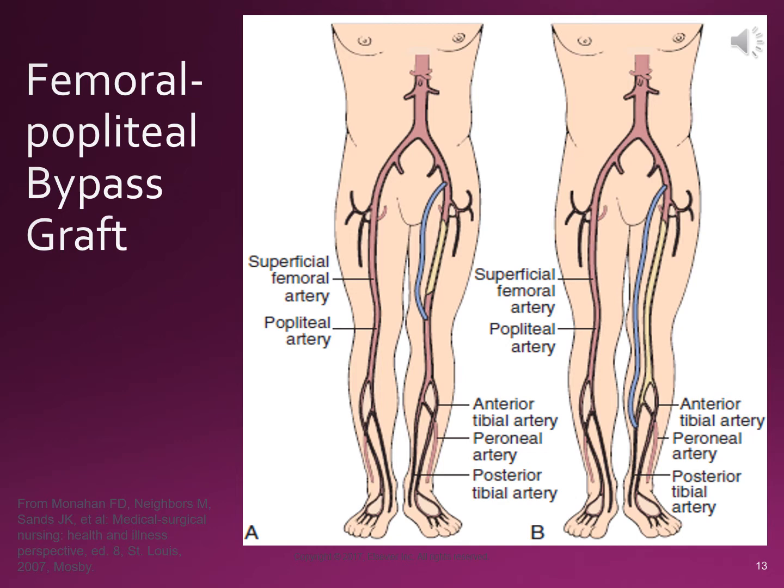So this is a picture of a femoral-popliteal bypass graft, which is when they are taking a vein and bypassing the area that is diseased and, in a sense, revascularizing the area.